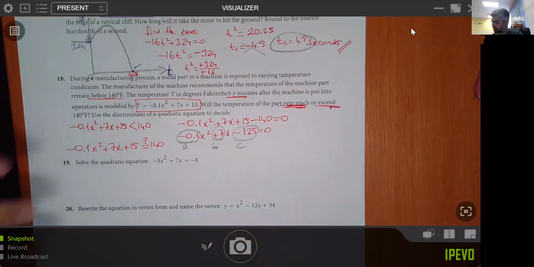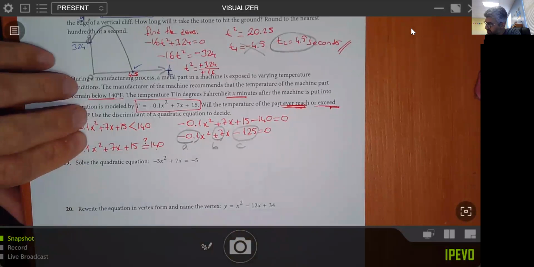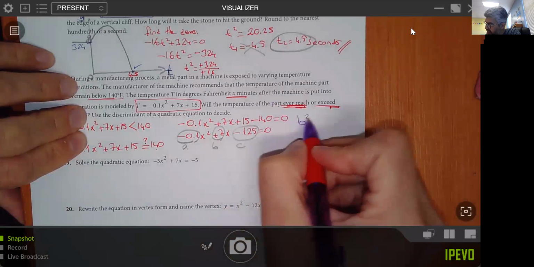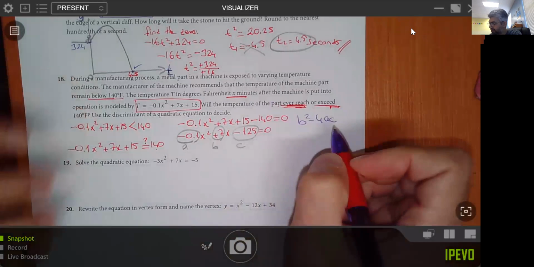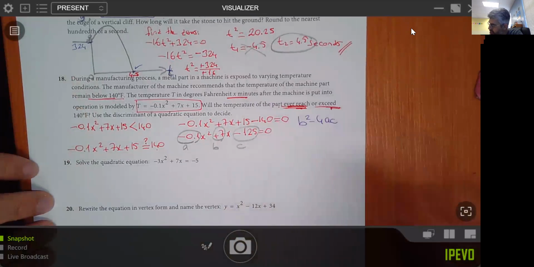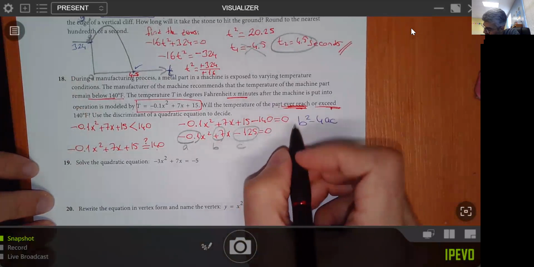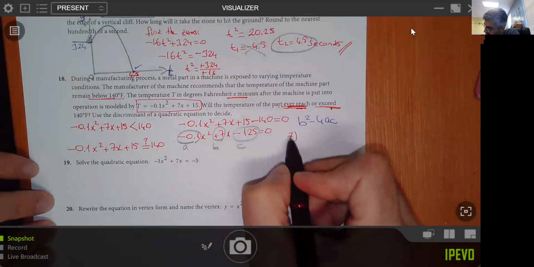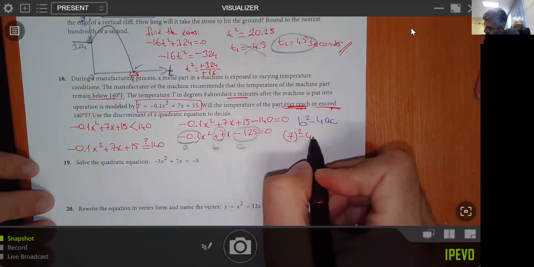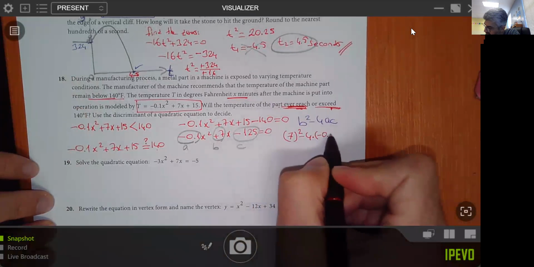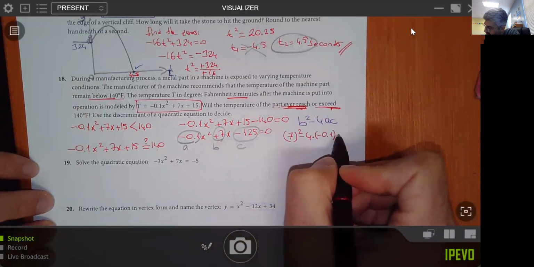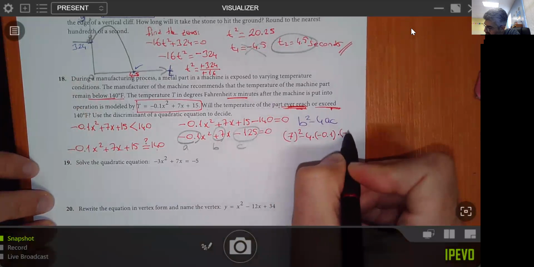Discriminant, what was the discriminant? Remember? It was B squared minus 4AC, guys. So let's check it out. B is 7. 7 squared minus 4 times negative 0.1 times C, which is negative 125.